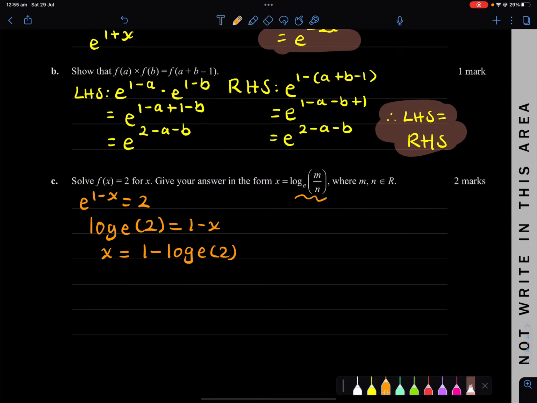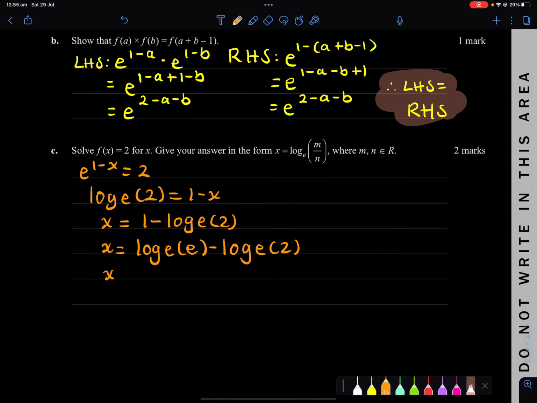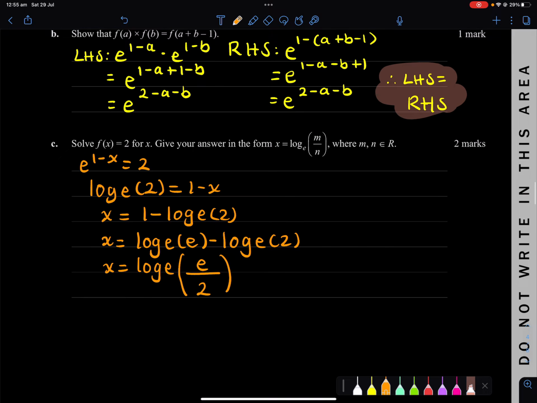So we want it in this form, so we can change that 1. We know that log e of e is actually equal to 1. Using that, substituting 1, we can rewrite this function as that. And therefore x equals log e of (e over 2). Is that right? e over 2, where m and n are real numbers. Okay, perfect. Looks right.